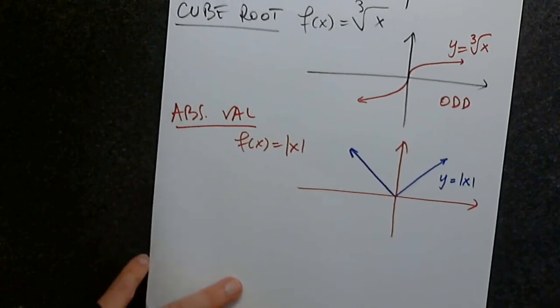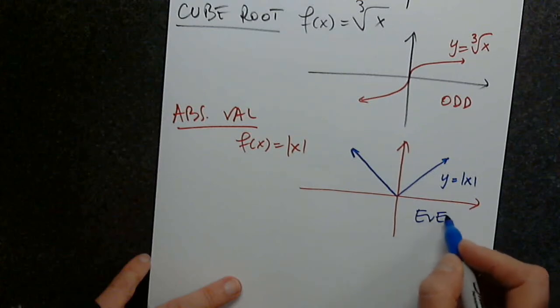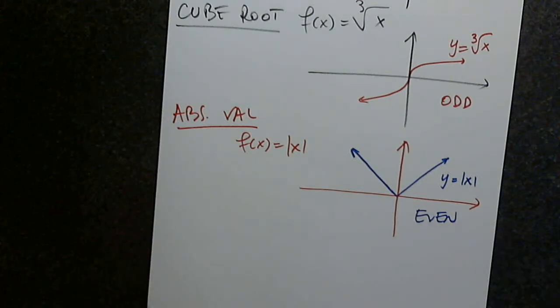Odd, even, or none of the above? Symmetric with respect to the y-axis, very good, it's even. Okay, so yes, I listed 7 functions. So what? 7 or 8? Or was it 8? 6. 6, very good. I listed 6 functions.